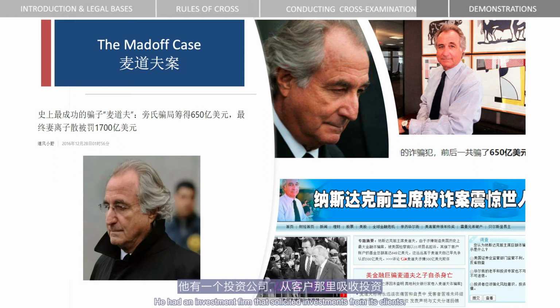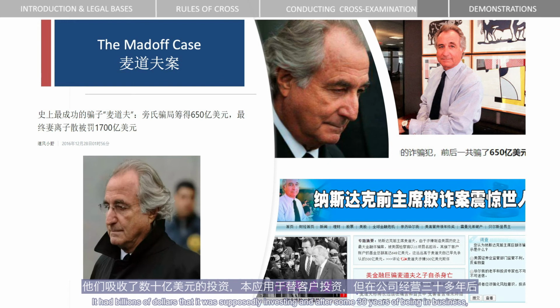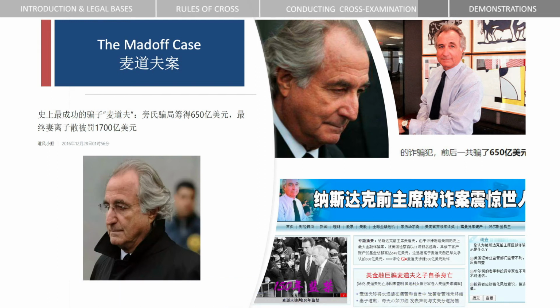He had an investment firm that solicited investments from its clients. It had billions of dollars that it was supposedly investing. And after some 30 years in business, it came out that he wasn't investing any of the money, he was just keeping it.